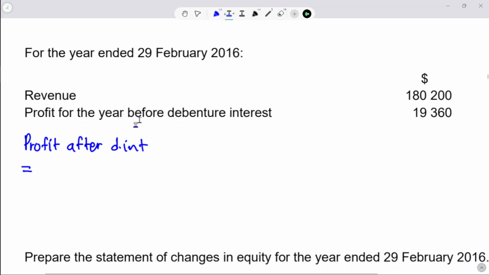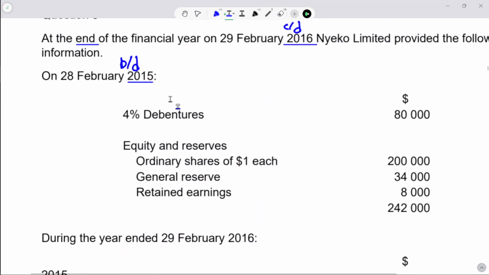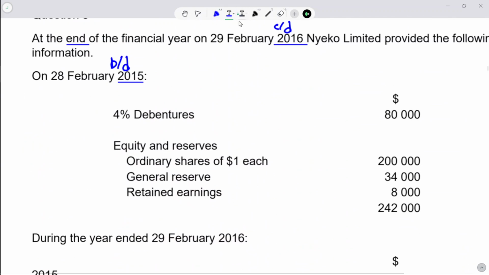So let's break down. It's related to the debenture interest. Let's go to debenture. The debenture is this amount. Now this 4% is actually the interest, and this one is the amount.